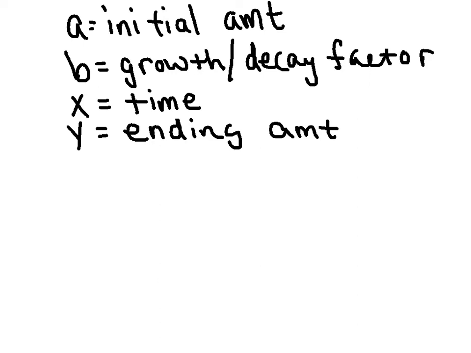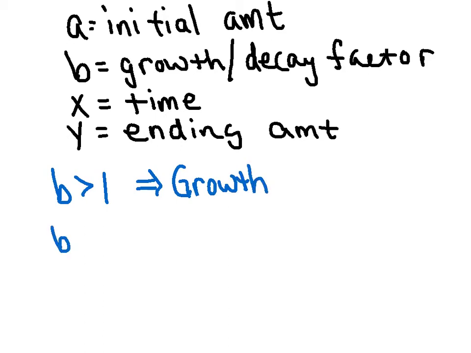If b happens to be greater than 1, then we're modeling a growth situation. And if we do b minus 1, that will tell us the percentage or the rate at which the population is growing. That's a very common question where they want to know the percent.